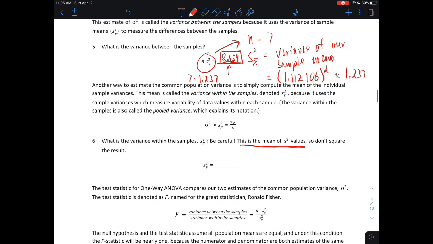So if you go back to that table and you add up those numbers for S squared, it means you're just going to take 1.210 plus 1.223 plus 0.996 plus 1.223 plus 1.287.